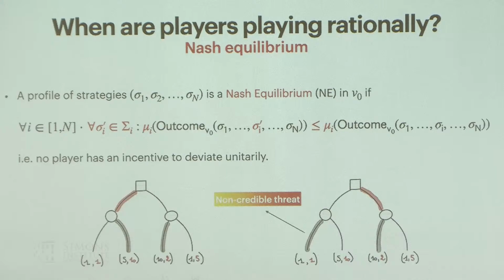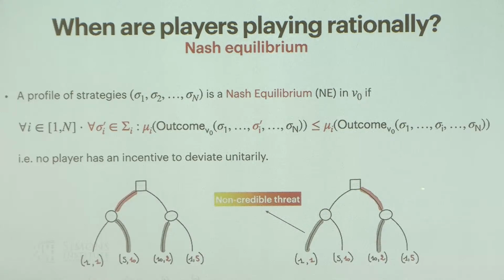Okay, and so this is well known, and this is called a non-credible threat, on which some Nash equilibria are relying to exist. And so we would like to avoid this kind of situation where in a sub-game, to ensure the existence of a Nash equilibrium, some players are playing irrationally, right?